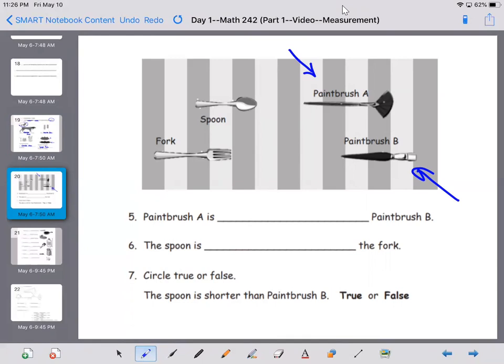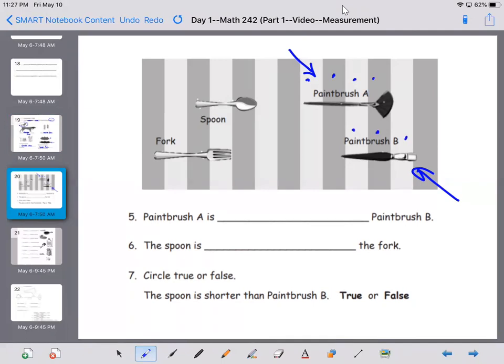Well, they can use the centimeter or the base 10 blocks if they need to measure, and they can also use the background with the stripes and think about, well, paintbrush A is approximately 1, 2, 3, almost 4 of those segments, and paintbrush B is 1, 2, 3, around 3.